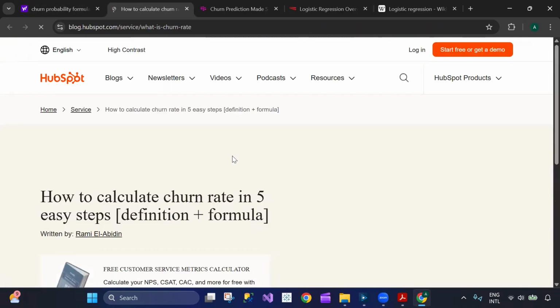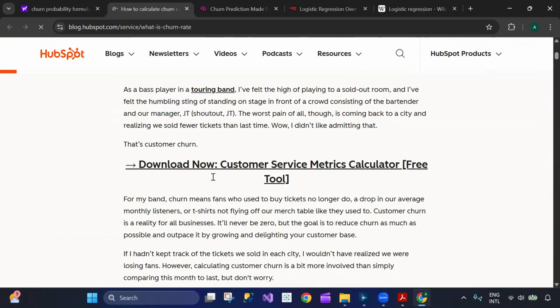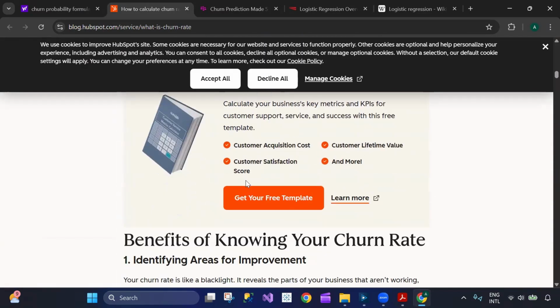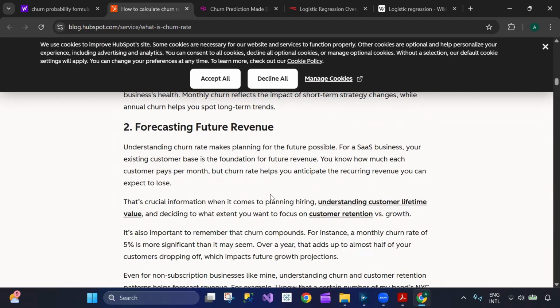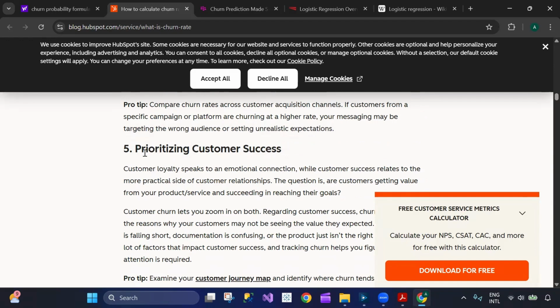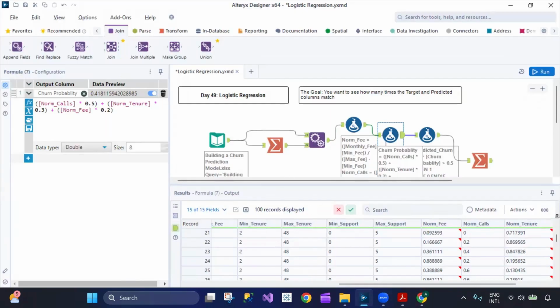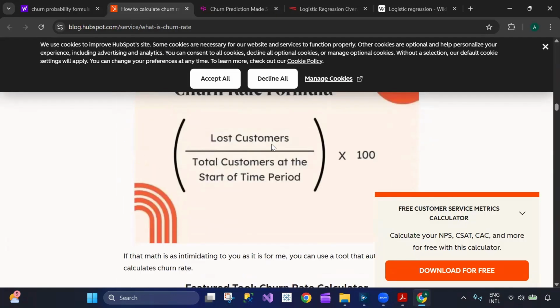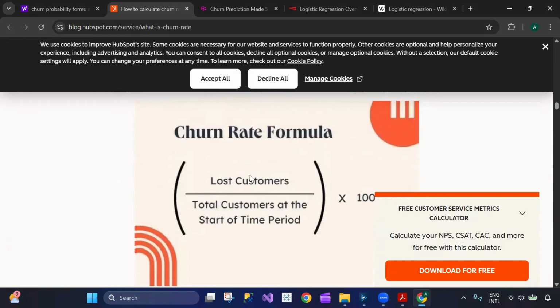How to calculate the churn rate, right? Here they have given what customer churn rate is and how you will calculate it. There are a lot of tools in the market as well. So predicting, prioritizing customer success, this is what we are trying to understand here, like the lost customers divided by.